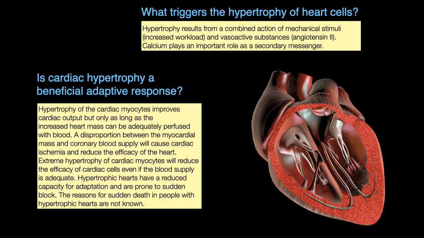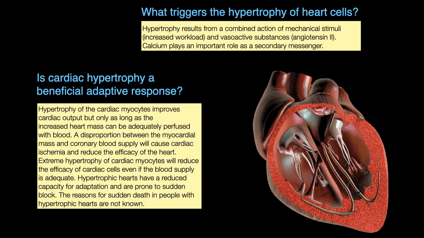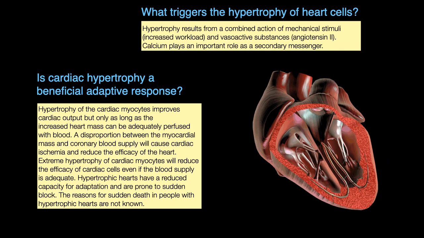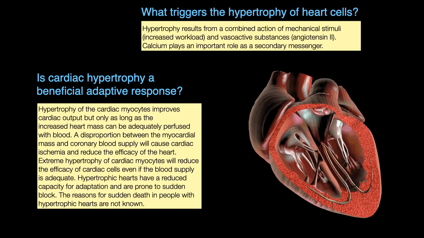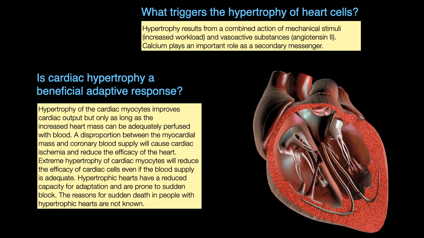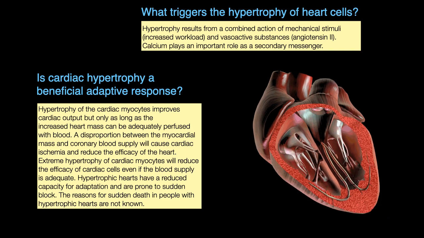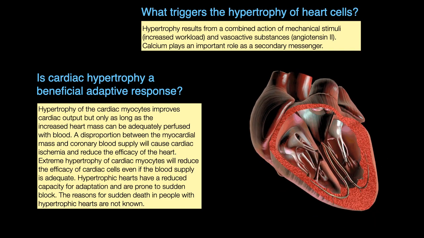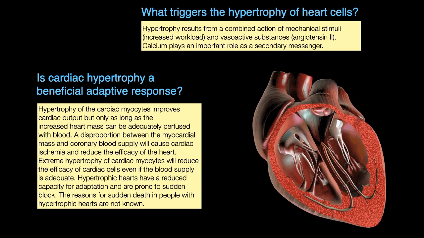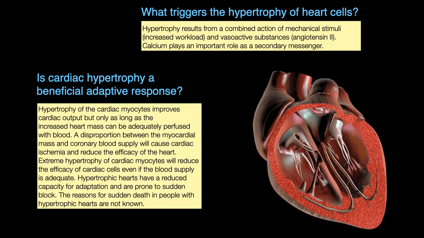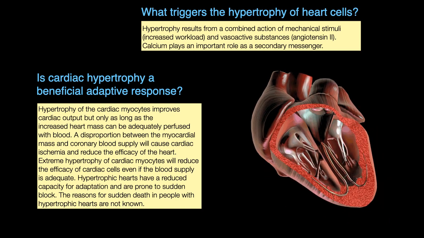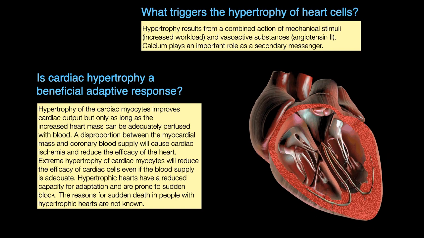The heart hypertrophies due to several factors, but the most important is an increase of workload. Imagine you have hypertension for years. This means that the heart must pump against a higher resistance of the vessels, so it needs to adapt and become thicker and bigger in volume.